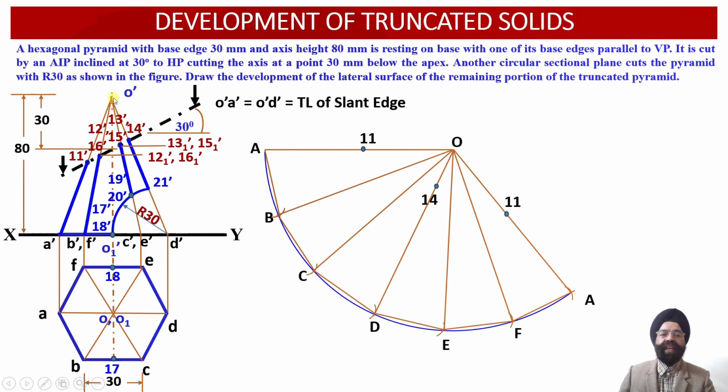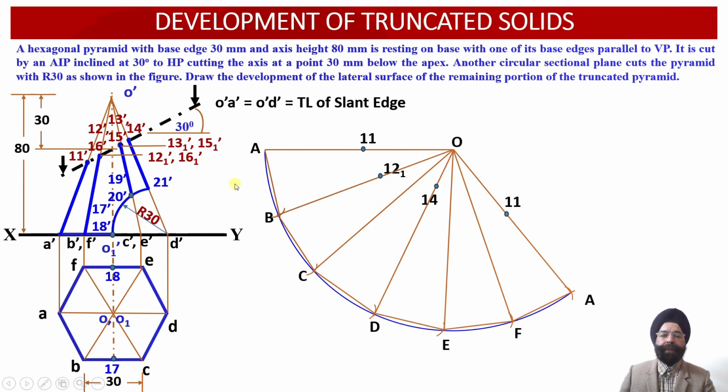Similarly, points 13 dash and 15 dash again lie on the apparent lengths corresponding to the slant edges O dash C dash and O dash E dash over here. So once again, from this apparent length radius, we are going to transfer these 2 points onto the true length, so that the new true length radius will be O dash 13 1 dash and O dash 15 1 dash, corresponding to the intersection points 13 and 15 lying on the slant edges OC and OE over here.